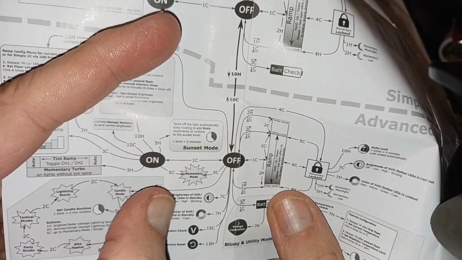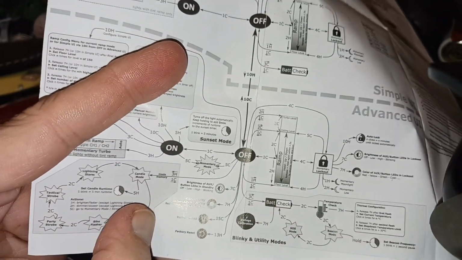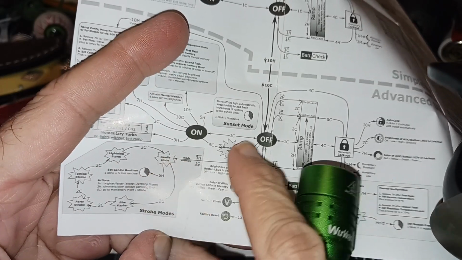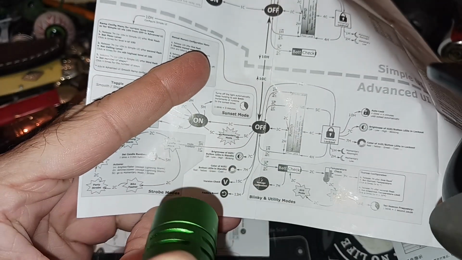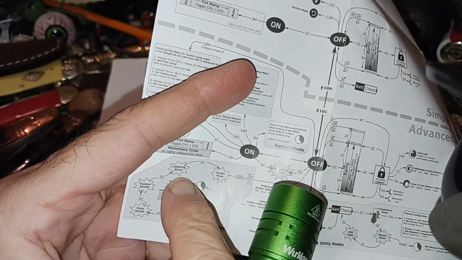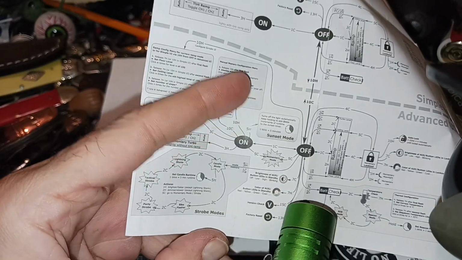Off, 3 and hold. It's like a lot of other lights where you would expect strobe, but this is going to come back to whatever you had last left it in. So if you're thinking you're going to get an attacker with your strobe, and you go 3 and hold, and you had it in lightning storm, it could just flicker, and you go, oh, crap.